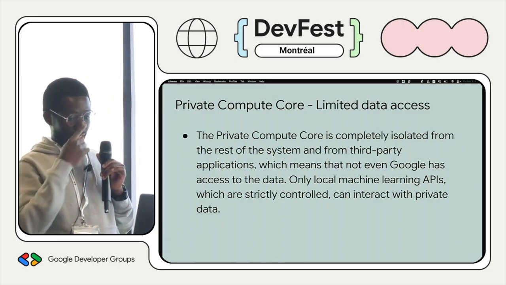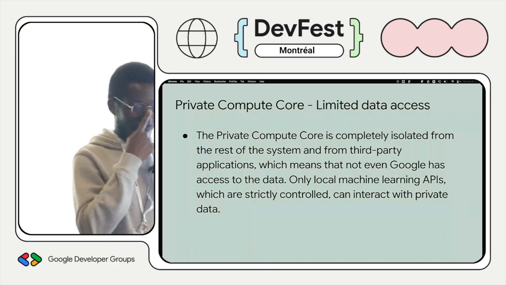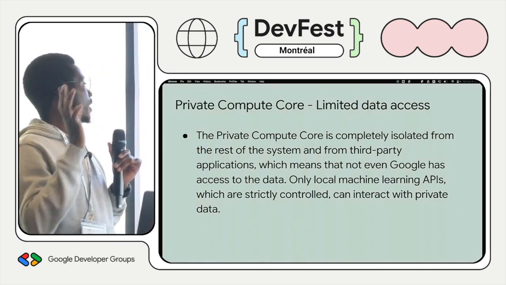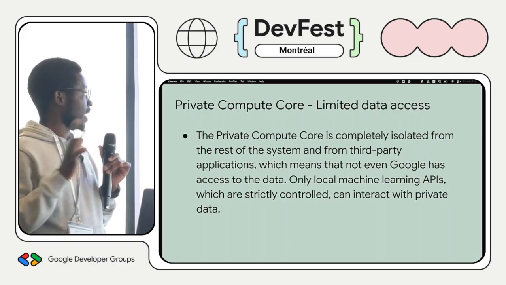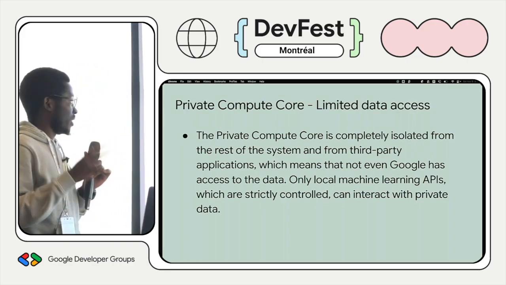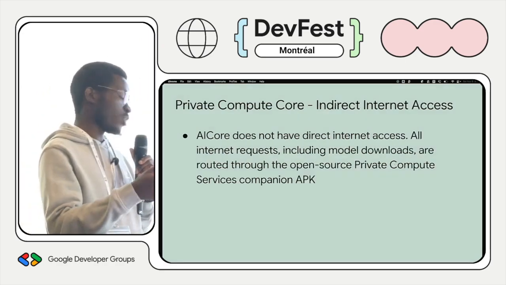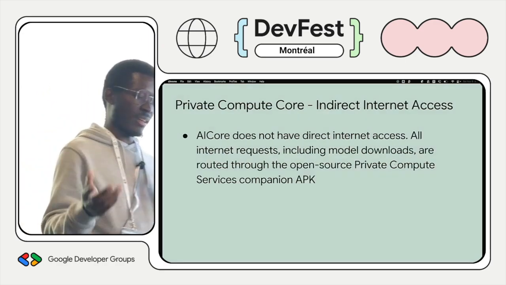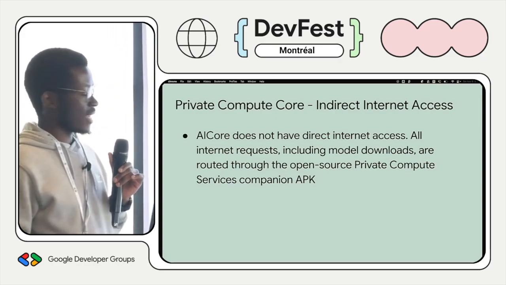Like I have said, it's completely isolated from the rest of the system. Only some machine learning APIs can have access to the data, and even Google doesn't have access to the data that is processed offline. And also, like I have said previously, it has an indirect, not direct, access to the internet.